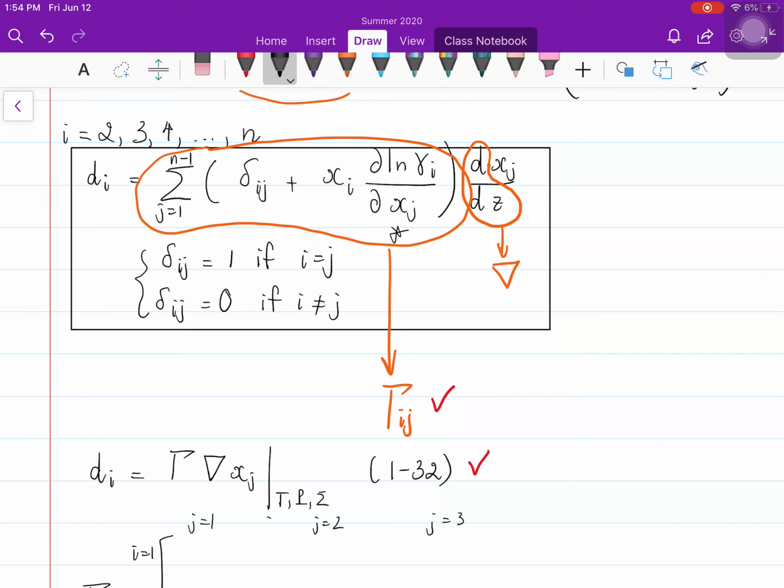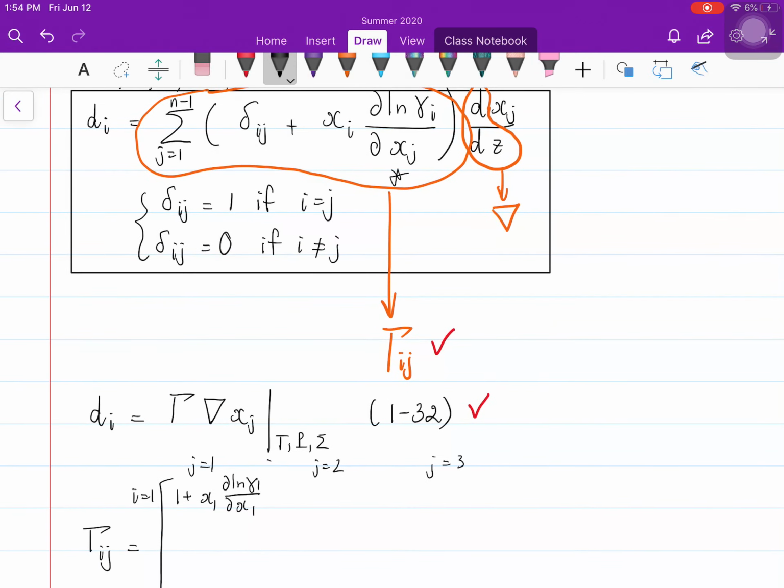So when i equals j equals 1, the delta ij would be 1 plus x1 times the partial derivative of ln gamma 1 over dx1. So j equal to 2, i equal to 1: they're not the same, so delta ij would be 0.